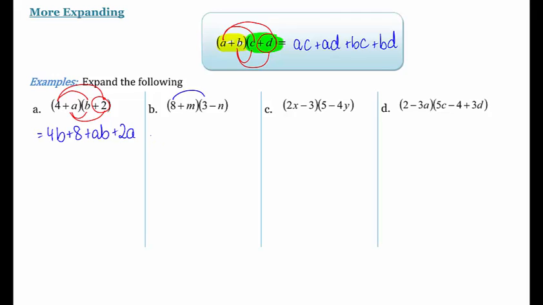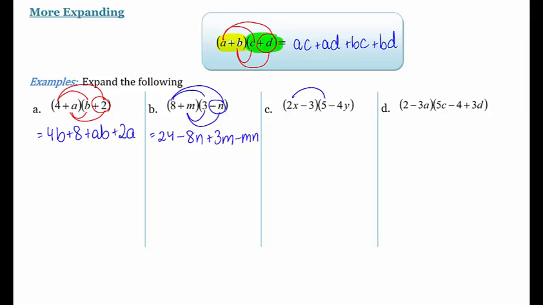So next one, a times 3 is 3a. A times negative n is negative an. M times 3 is plus 3m. M times negative n is negative mn.